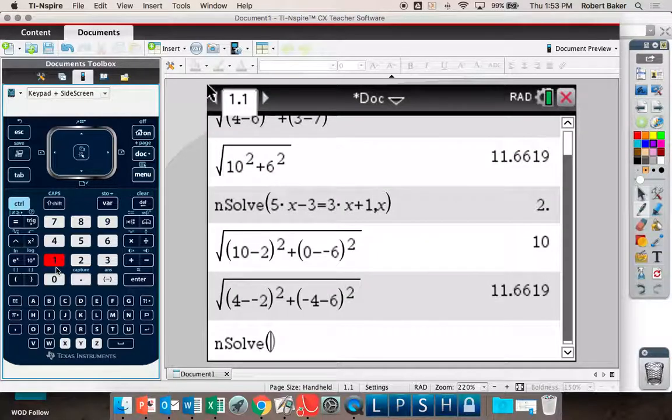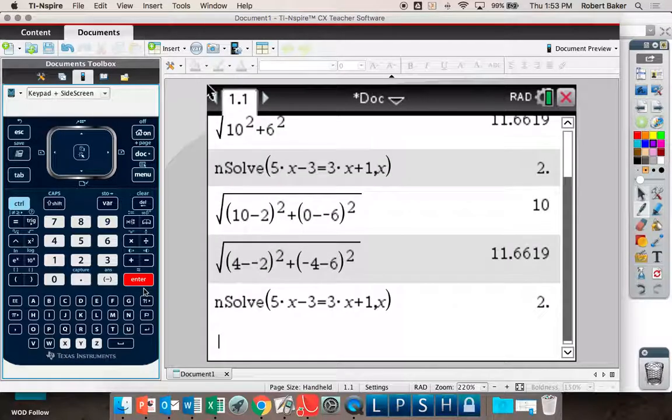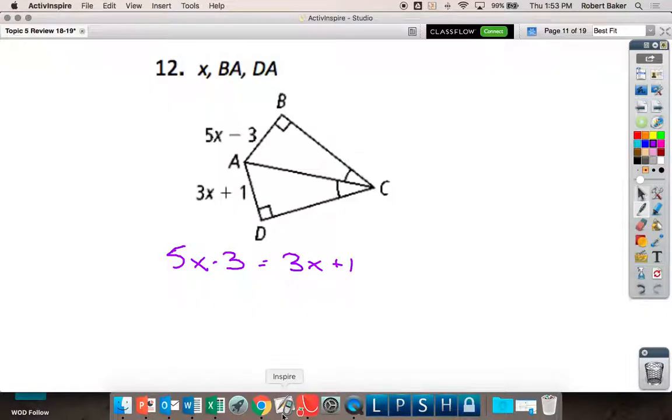I have on my paper 5x minus 3 equals 3x plus 1. Please, calculator, solve for x. Please, please, please. Mathemagical. x equals 2. Thank you, old friend.